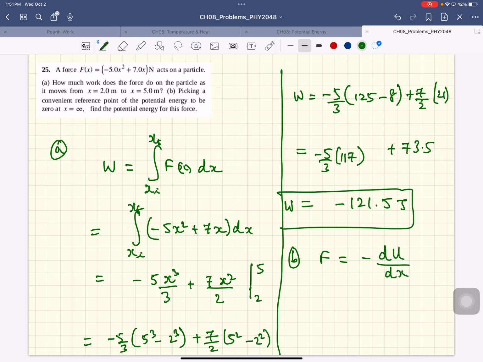So the derivative of this is that. So negative of this function. So we want to define U. So U would be negative of that function plus C.